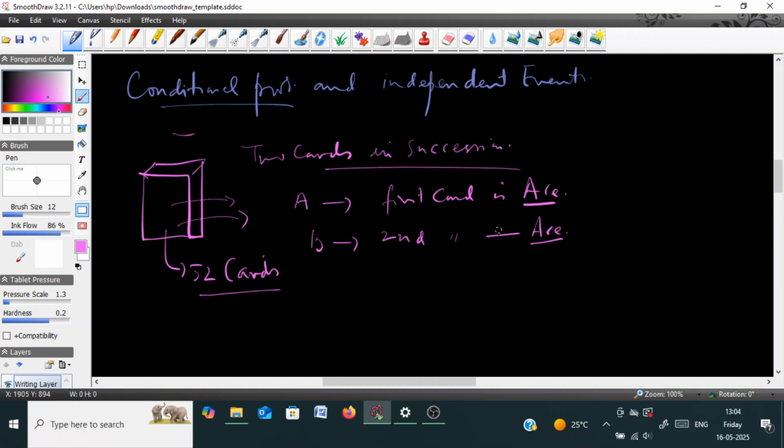You can see that the probability of drawing an ace in the second trial will be affected by the outcome of the first draw. If the first draw does not result in an ace, the probability of obtaining an ace in the second trial becomes 4 by 51.